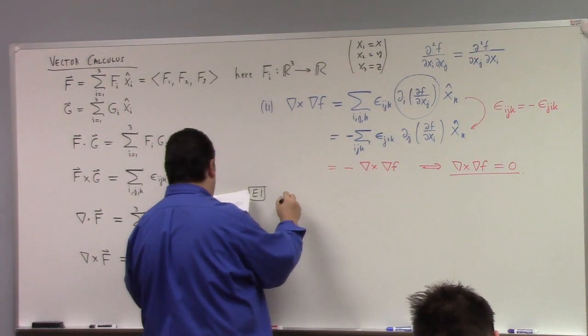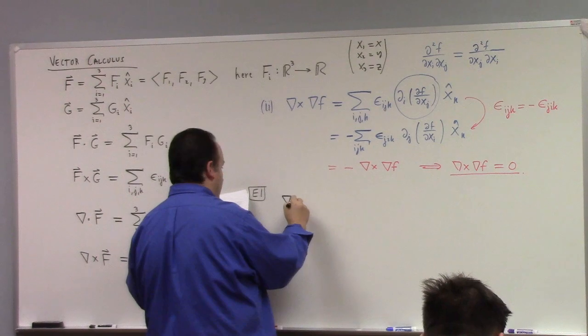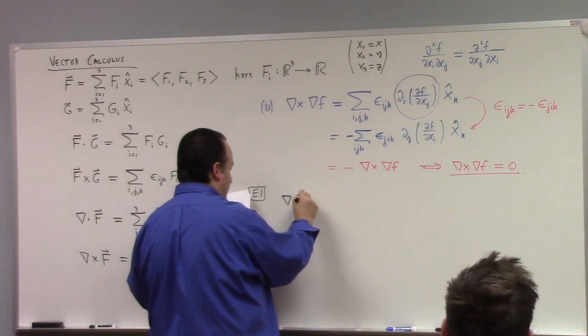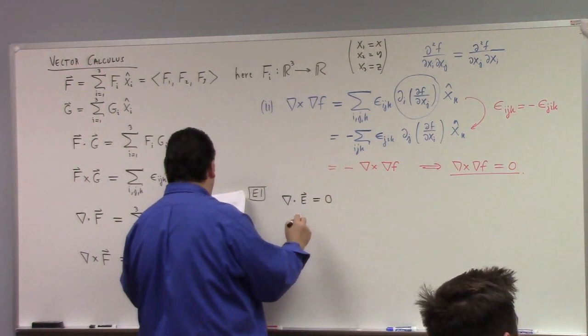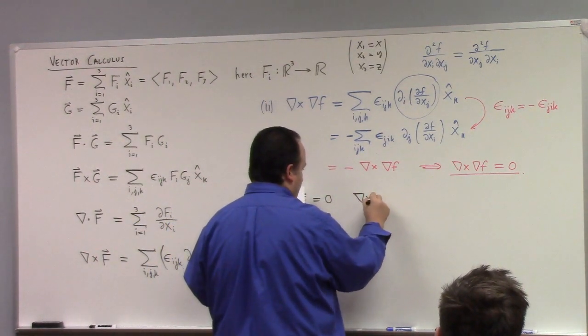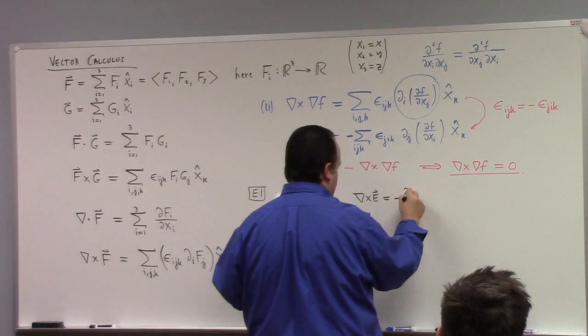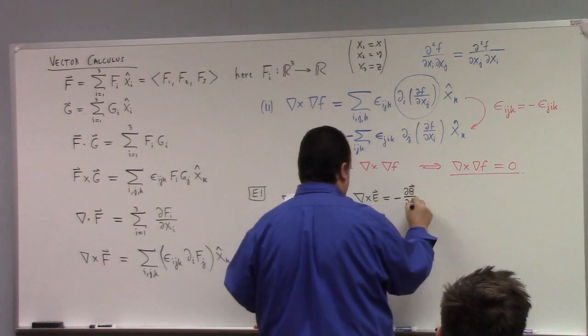Now here, I'm going to share with you some things. These are called Maxwell's equations. So the divergence of the electric field is 0. The curl of the electric field is minus the time derivative of the magnetic field.